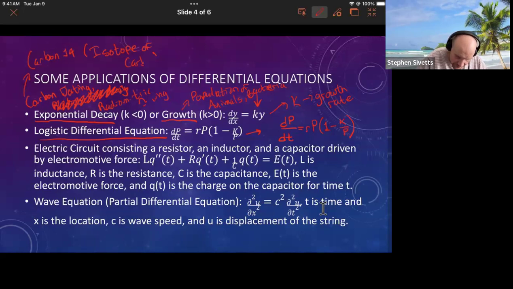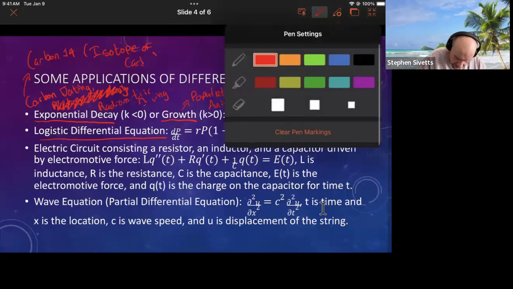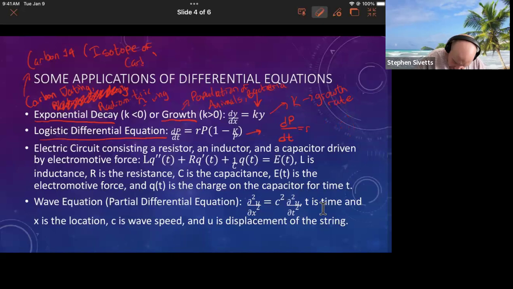So let me rewrite this. The logistic differential equation should be this: dP/dt equals r times P times 1 minus P over k.